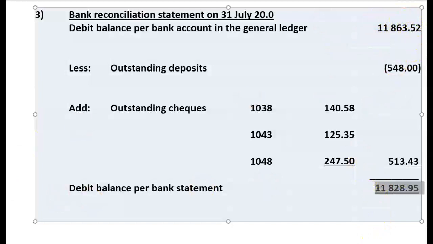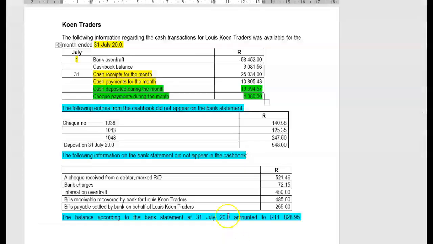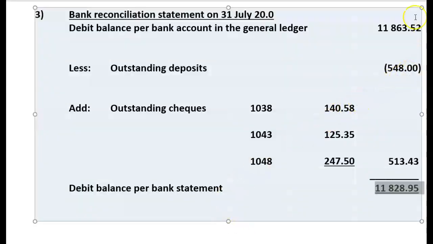All right, then we also had a deposit in the cash book that does not appear on the bank statement, a deposit at the end of the month of 548 rand. So when we posted that deposit in our cash book, what did it do to our cash book balance? It's a deposit, a receipt, so it would have increased our ledger account balance. Now, if we want to eliminate that, what do we have to do?